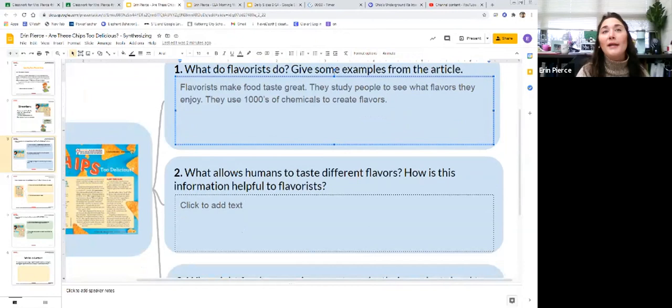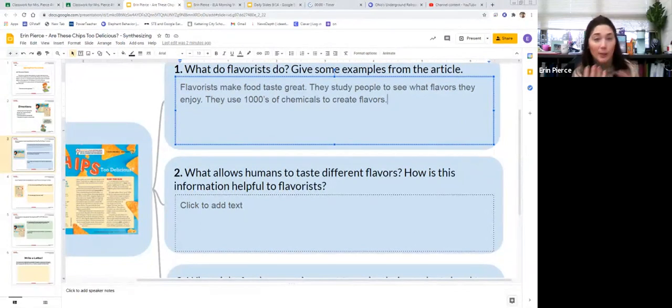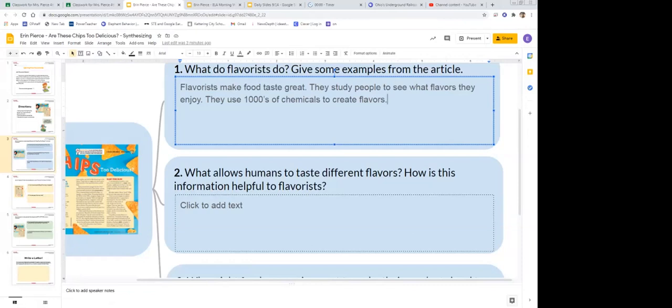All right, what allows humans to taste different flavors? How is this information helpful to flavorists? So first of all, first question. Second question, I've noticed on a lot of our StoryWorks activities, we're not answering both parts of the question. So, Sophia, start me off. What allows humans to taste different flavors? Their tongue and their taste buds.